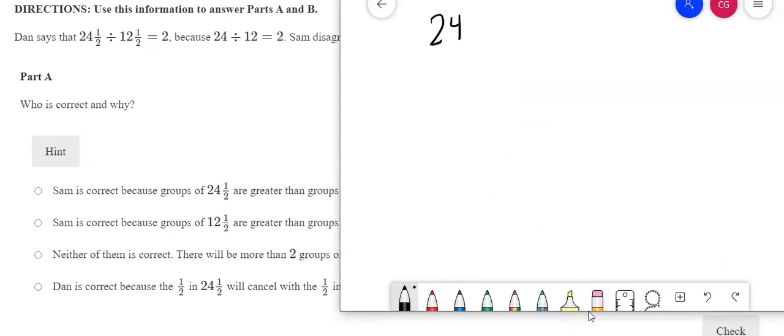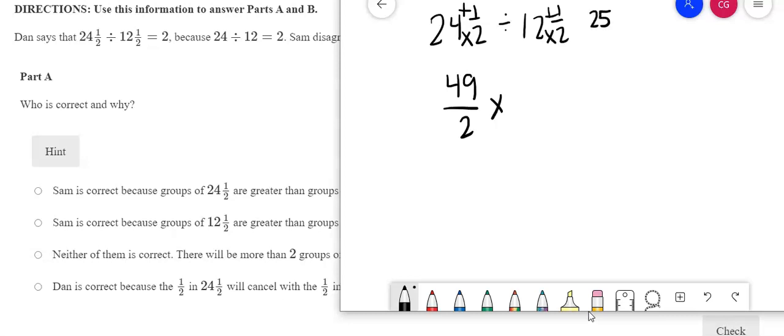So Dan said 24.5 divided by 12.5. 24 times 2 is 48 plus 1 is 49 over 2. Division changes to multiplication. 12, 25, so 25 over 2. I'm going to flip it. 2's cancel out.